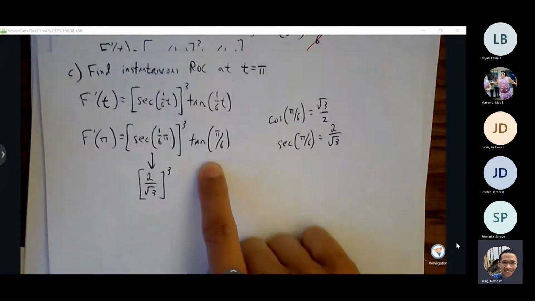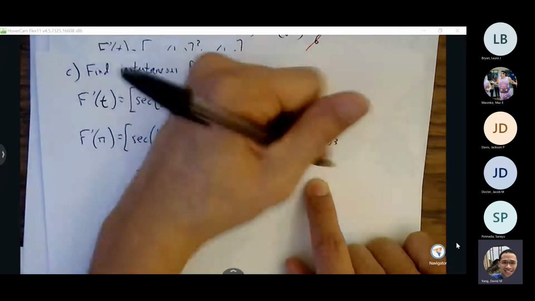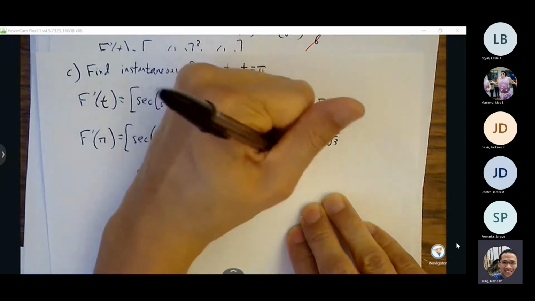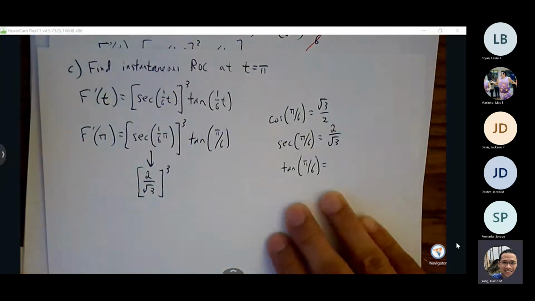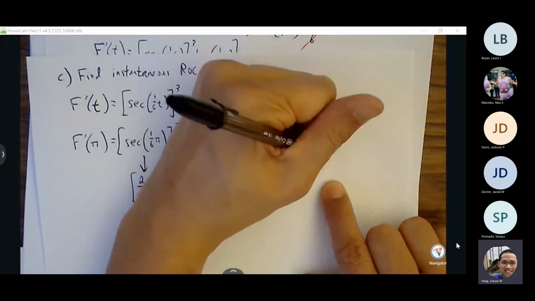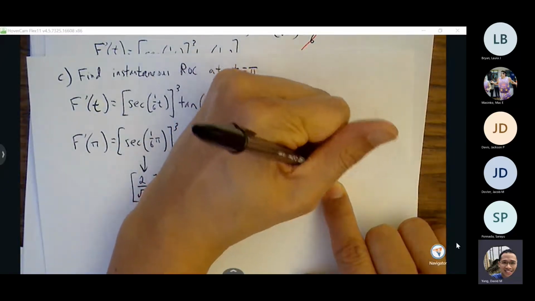Tangent of pi over 6. Tangent of pi over 6 will be 1 over root 3.